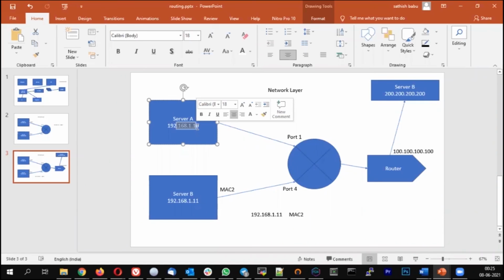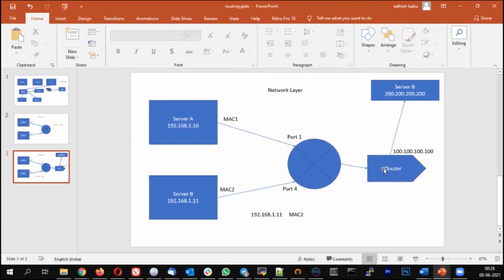This concept is called encapsulation. This is where layer 3 networking comes into the picture. It is like routing the packets from one network to another network. So these are all the terminologies you need to understand before going into this.